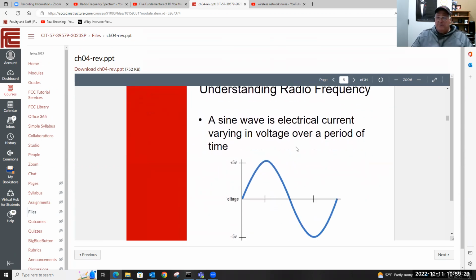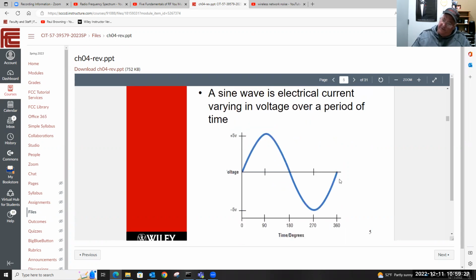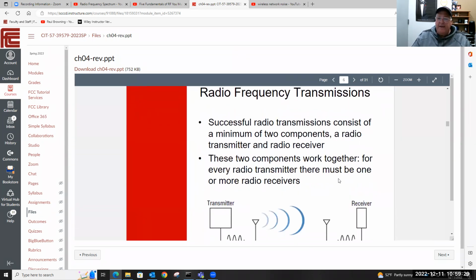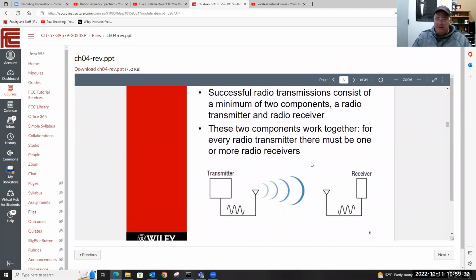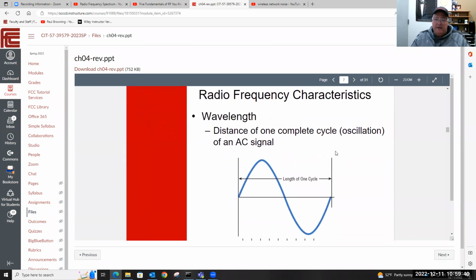There is what we call the sine wave, or the electrical current of a volt over a period of time. For successful frequency transmission and communications, there are two components, as I mentioned a moment ago: the transmitter and the receiver, and there must be at least one on the other end.